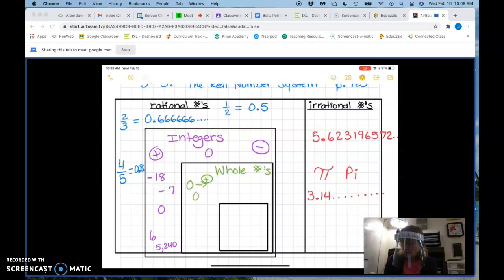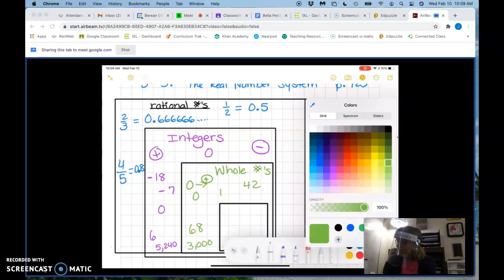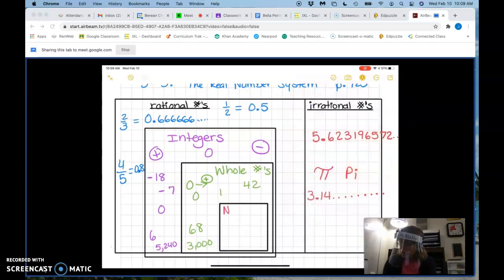So we could have 0, we could have 1, we could have 42, 68, 3,000. As long as it's above 0 and it is not a fraction or decimal. Those are our whole numbers. And then the last kind of number is going to be our natural numbers.